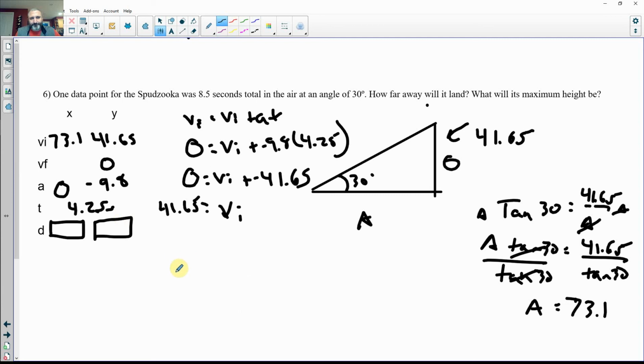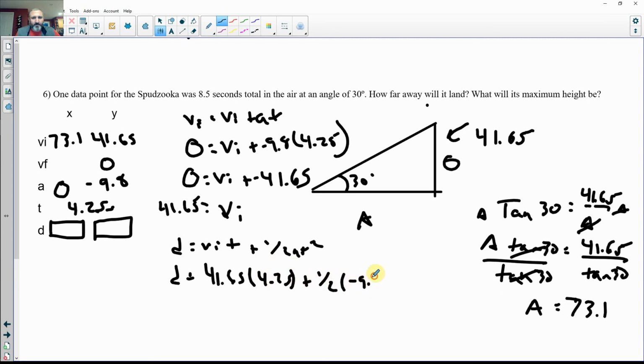So I guess we do D equals VIT plus 1/2 AT squared. That's fine. So D, which we don't know, equals 41.65 times T, which is 4 1/4, plus 1/2 times negative 9.8 times 4 1/4 squared.